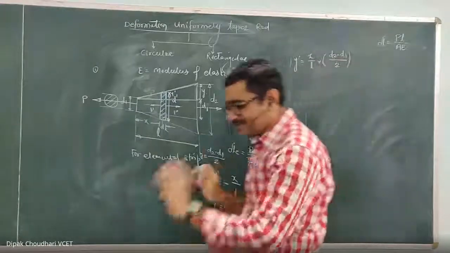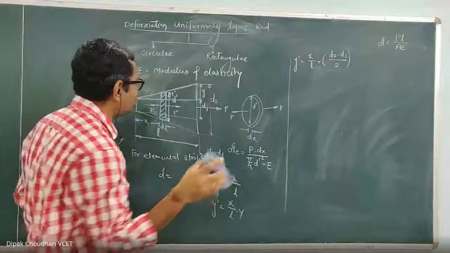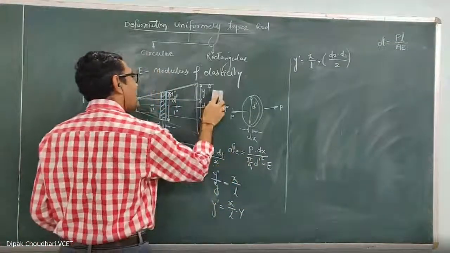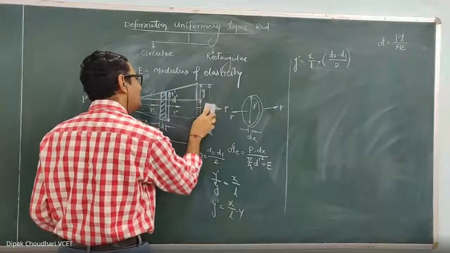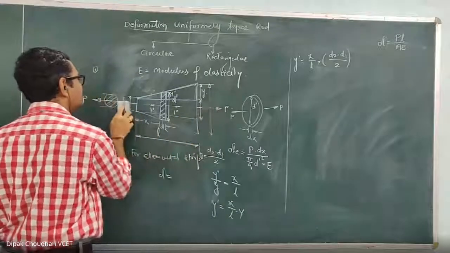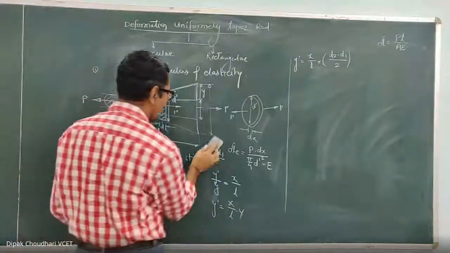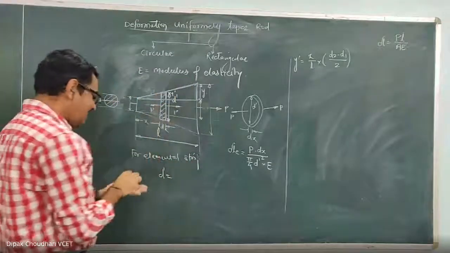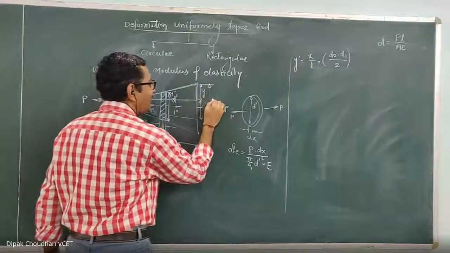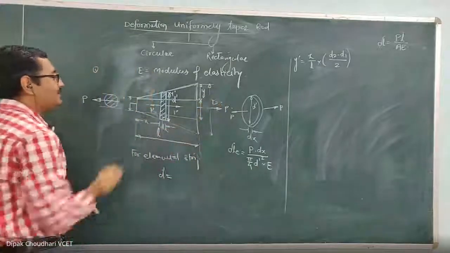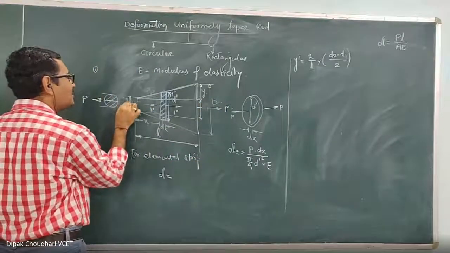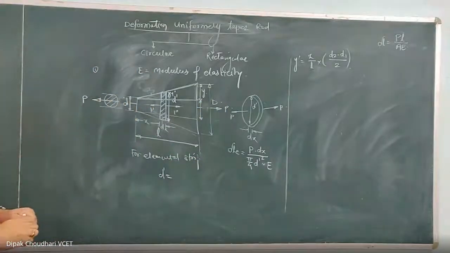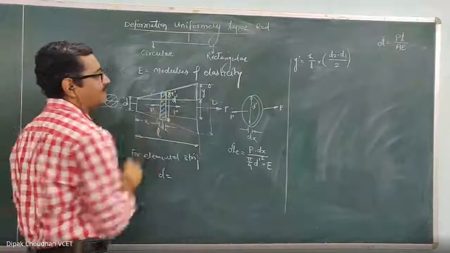For better understanding, I'm making a small change. Instead of D1 and D2, which may be confusing, I'm considering this one as D dash only, and this bigger diameter I denote as capital D, and this smaller diameter as small d. This diameter is D dash.